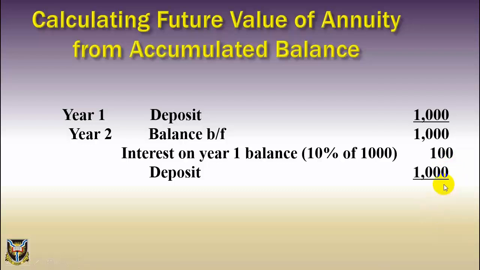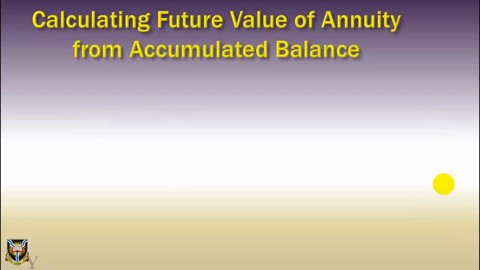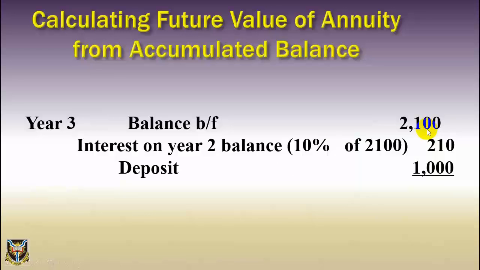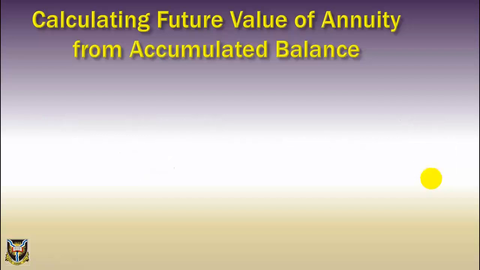Deposit 1,000. Year 3. Balance brought forward 2,100. Interest on year 2 balance, 10% of 2,100, 210. Deposit 1,000. Year 4.